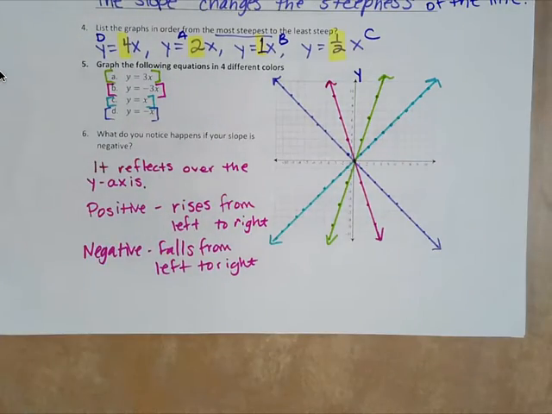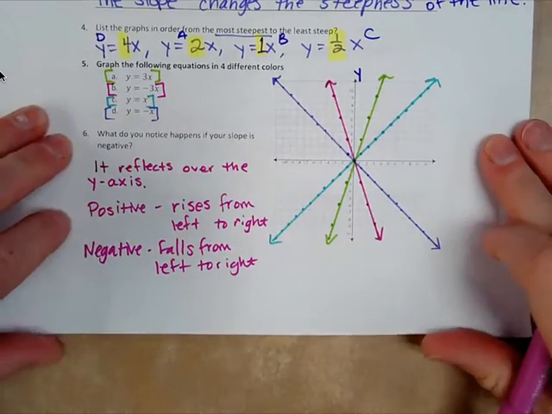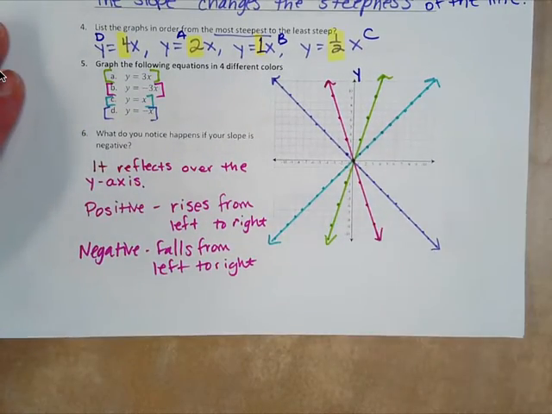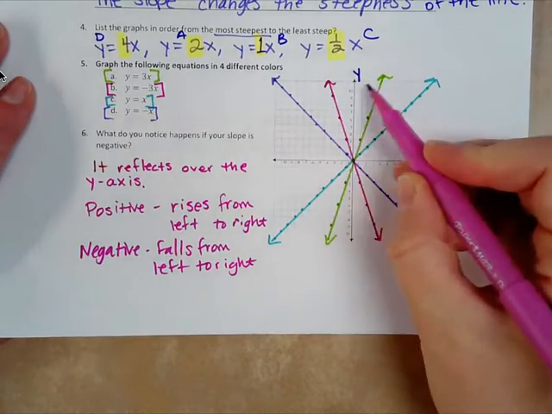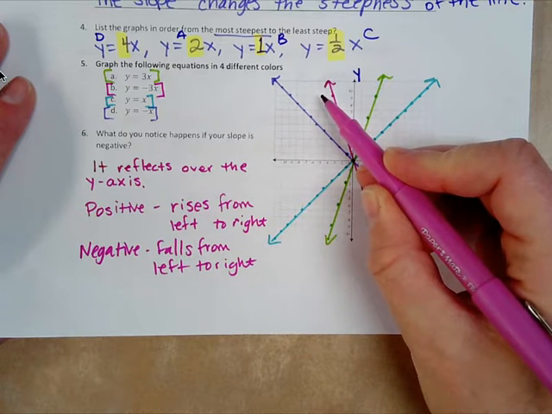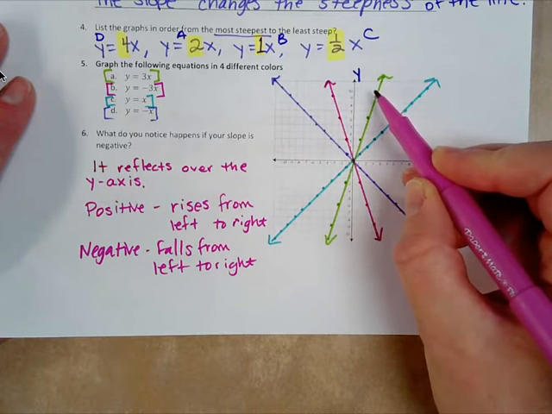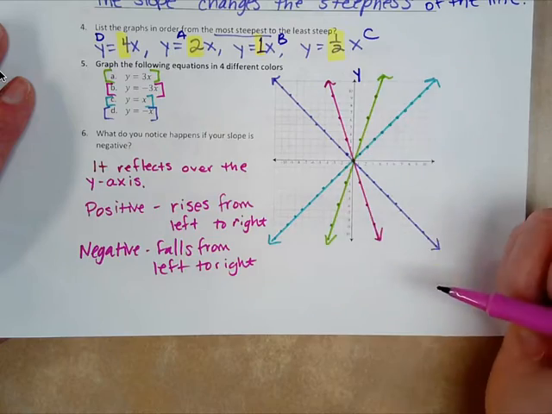If they have the same exact number, they have the same steepness, it's just a reflection. So these two have the same steepness because they both have 3, but one's a positive and one's a negative.